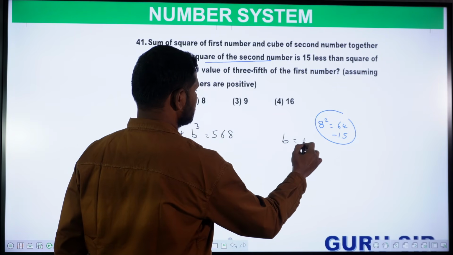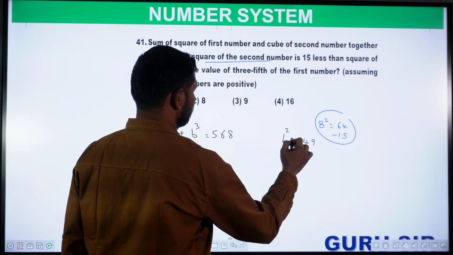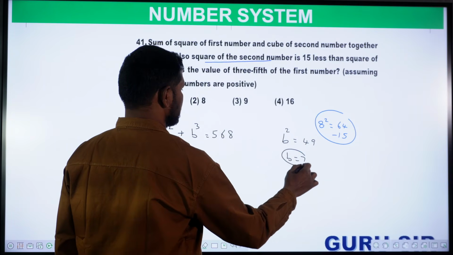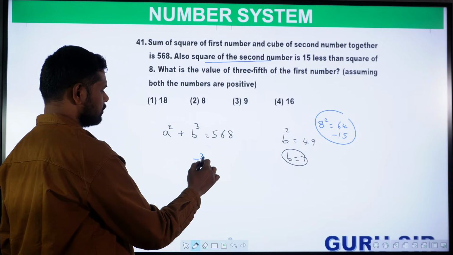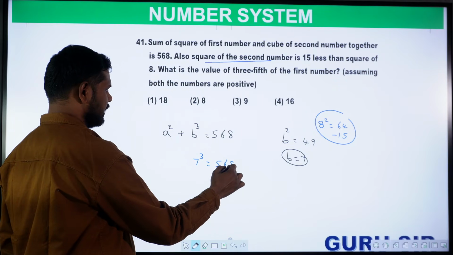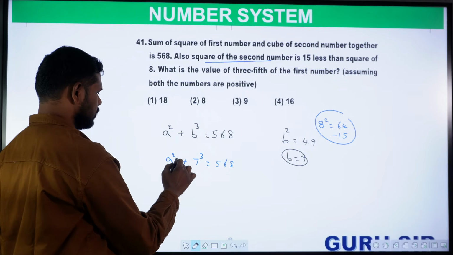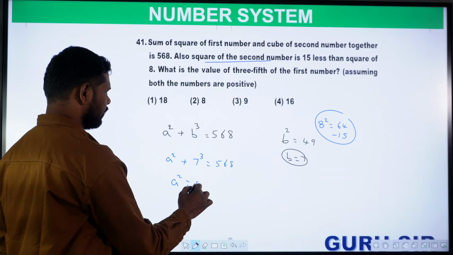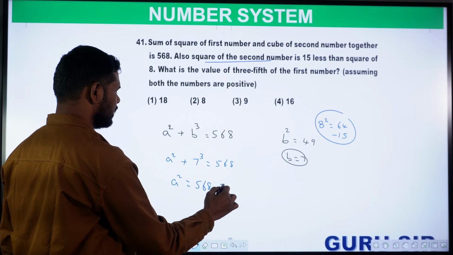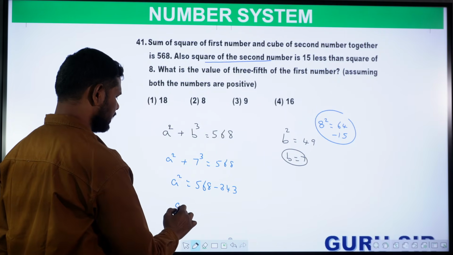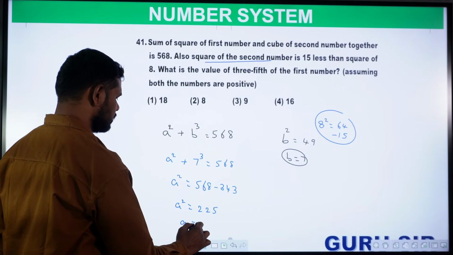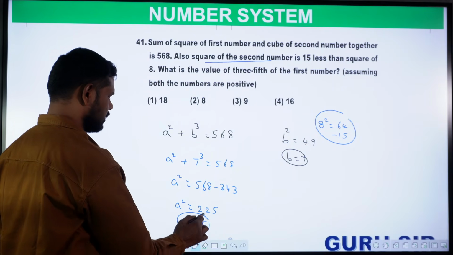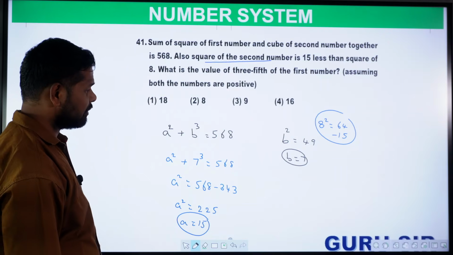So the b value is given as b square equals 49, b equals 7. The second number is 7, so 7 cube is 343. 568 minus 343, so a square equals 225, a equals 15. The first number is 15 and the second number is 7.